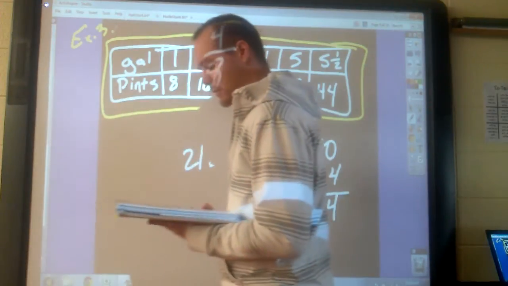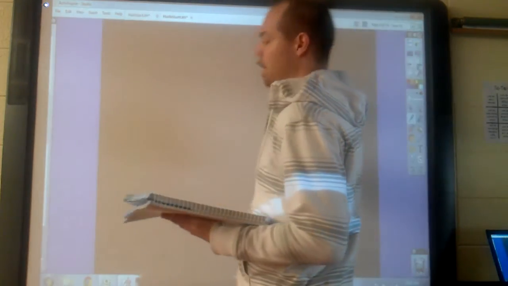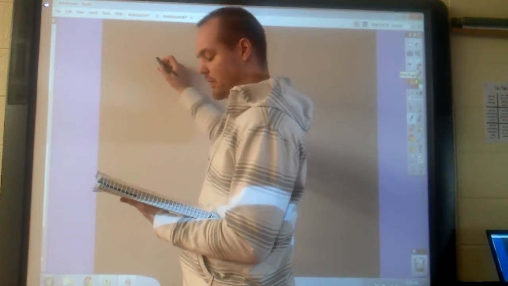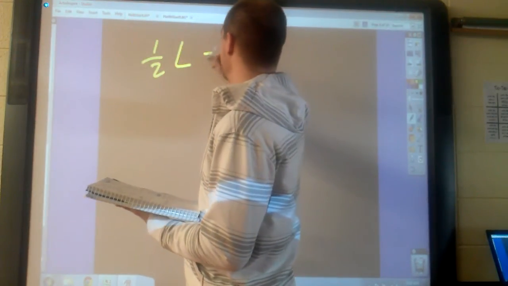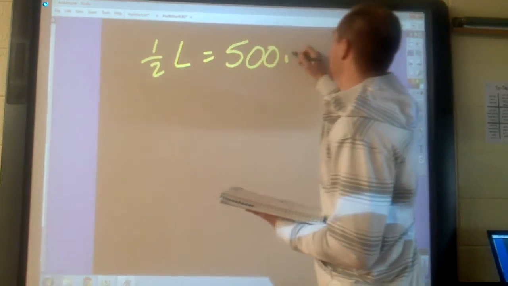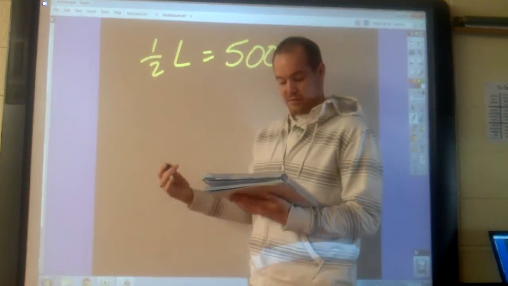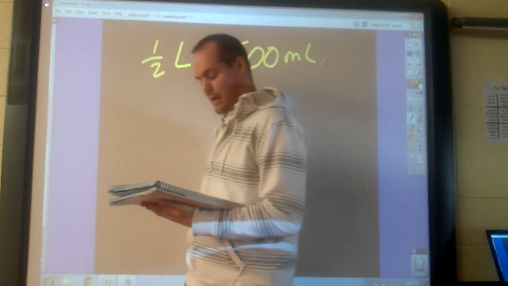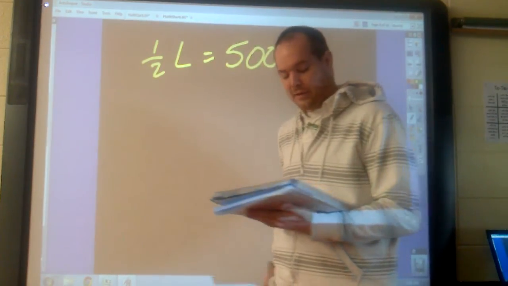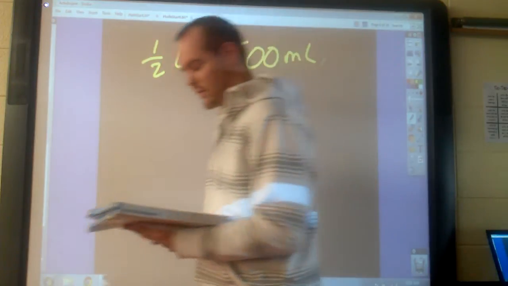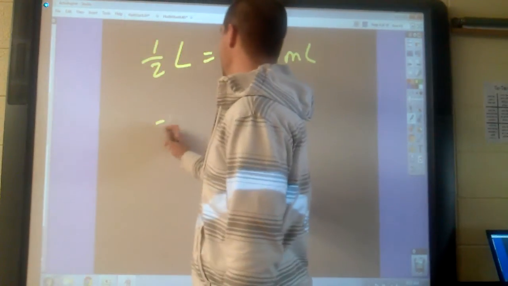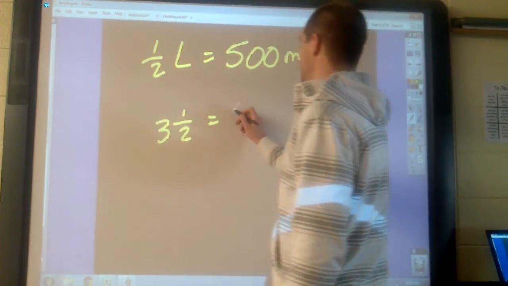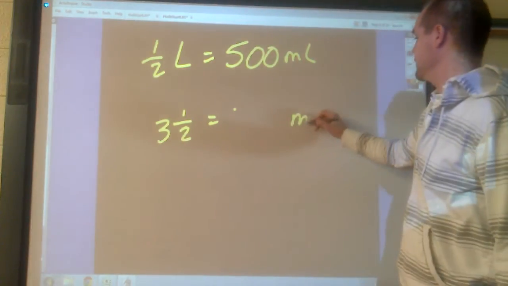Okay, example number 4. Now we're actually working with the metric system. It says a half liter, 1/2 liter equals 500 milliliters. Well, that makes sense because 1 liter equals 1,000 milliliters. Half of a liter should be 500 milliliters. How many milliliters are equal to 3.5 liters? So 3 1/2 liters is equal to how many milliliters?